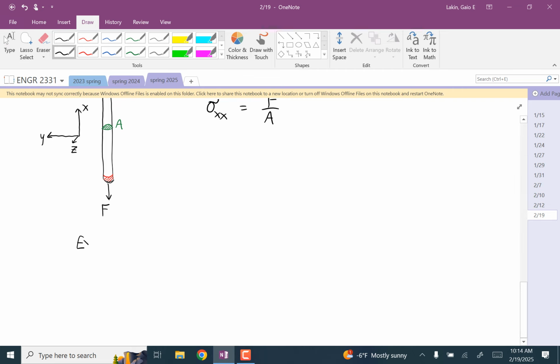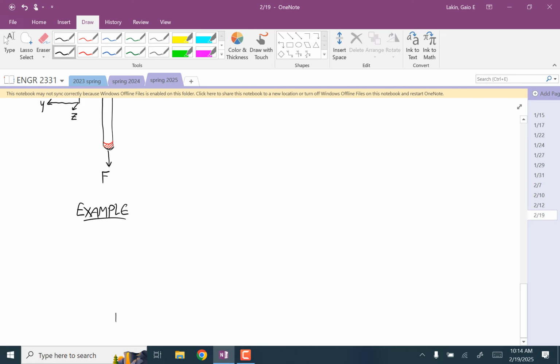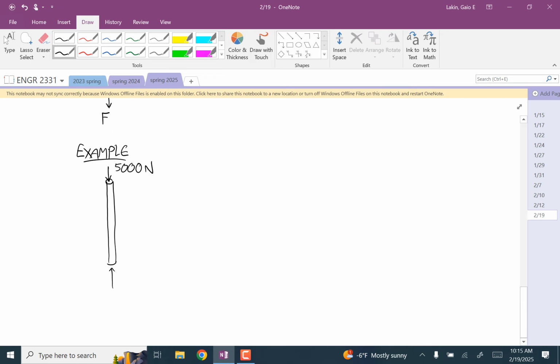Okay, so let's think of a case like this, where we have 5,000 newtons pushing, and the radius of this is 1 centimeter.